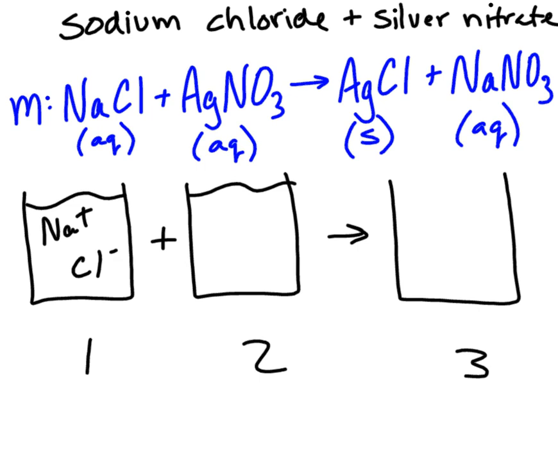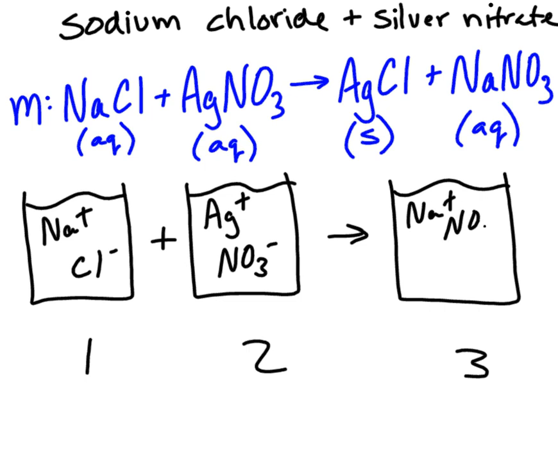In beaker 2, I'm going to have some silver ions and some nitrate ions. And then when I add them together, I'm going to end up with some sodium ions, some nitrate ions, and then I'm also going to end up with a solid. And that solid is going to be silver chloride, because silver chloride is insoluble. All right? So this is, like I said, the molecular equation.